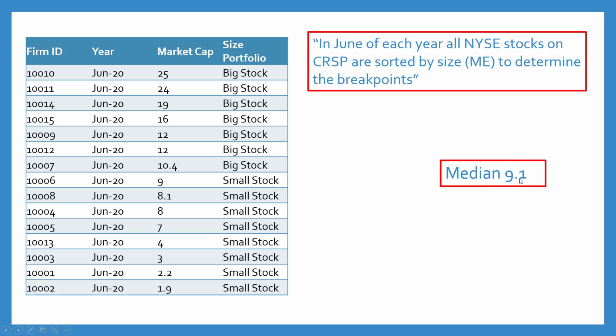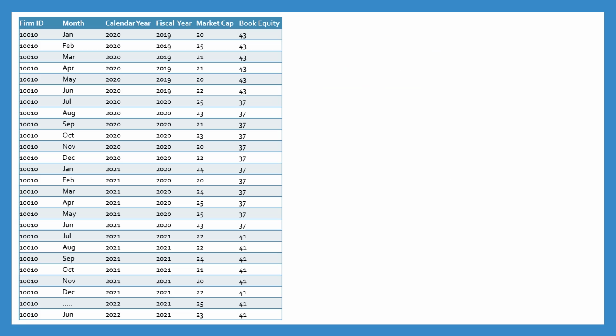In this case, it happens to be 9.1. So all the firms that have lower market capitalization would become small stocks, and firms with higher capitalization would become big stocks.